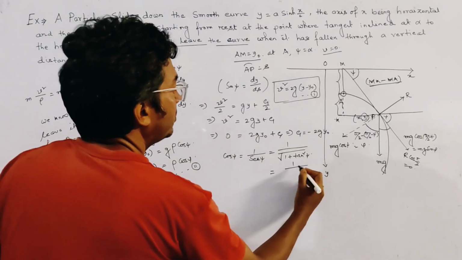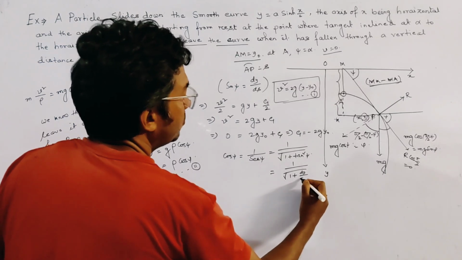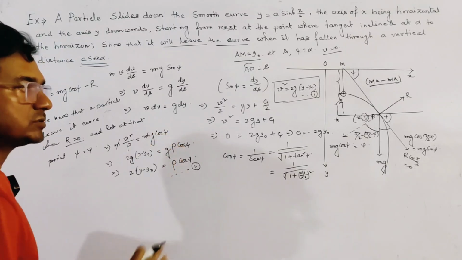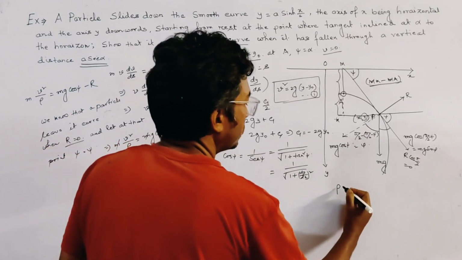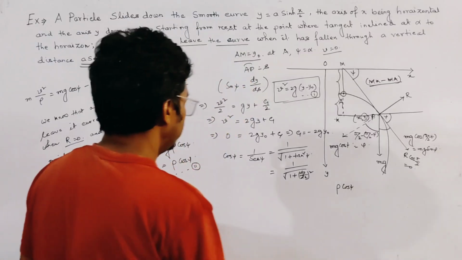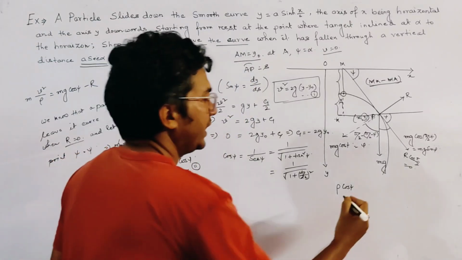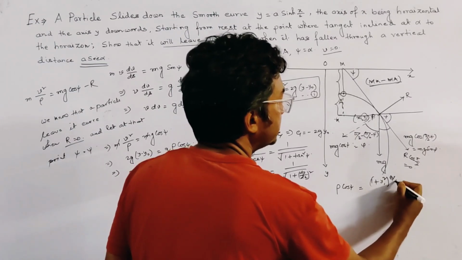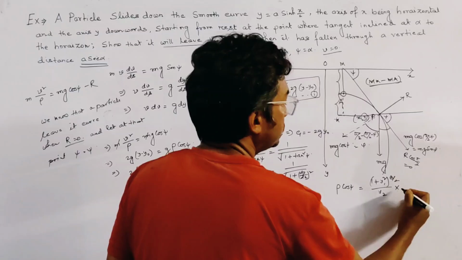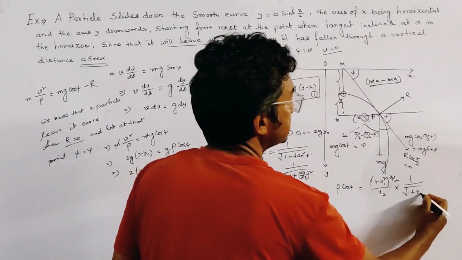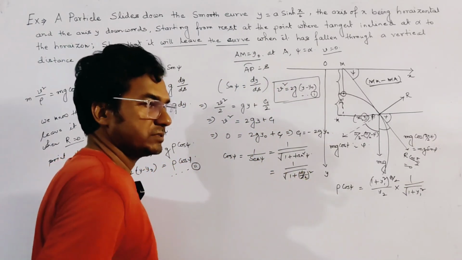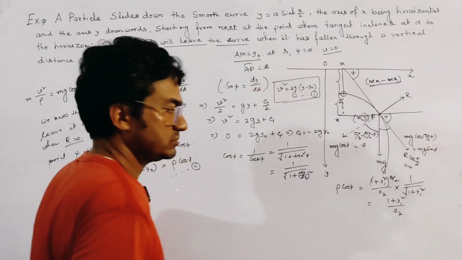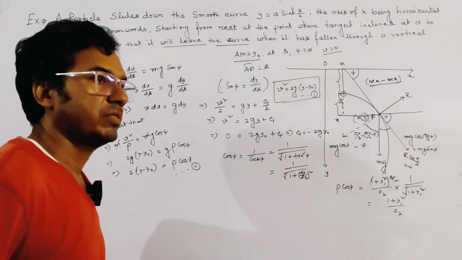So we put here 1 by root under 1 plus (dy/dx) whole square, because tan psi is equal to dy/dx. Now we require the result rho into cos psi, and we also know the value of rho is (1 plus y1 square) whole to the power 3 by 2 by y2, and cos psi means 1 by root under 1 plus y1 square, because y1 is dy/dx, and this result gives (1 plus y1 square) by y2. Okay, this is rho cos psi.